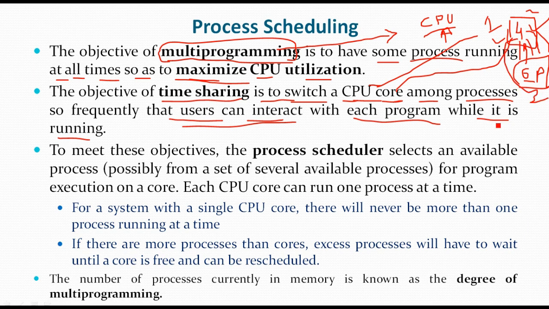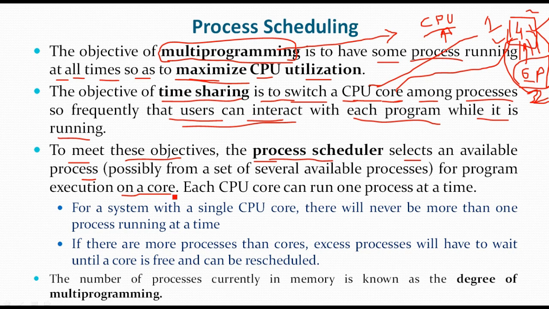To meet these objectives, multi-programming and time sharing, there is a process scheduler which selects an available process. Available process means, as I said, the 2 waiting processes. These 2 available processes are selected by the process scheduler for program execution at a core.